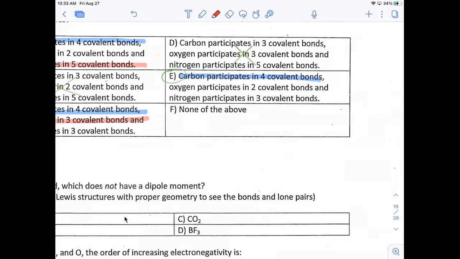So that particular set of answers says carbon has 4, oxygen has 2 covalent bonds, and nitrogen has 3 covalent, and that is absolutely correct. A typical carbon is going to have 4 bonds to it and no charge. A typical oxygen is going to have 2 bonds to it and no charge. And a typical nitrogen is going to have 3 bonds to it, a lone pair, and no charge.